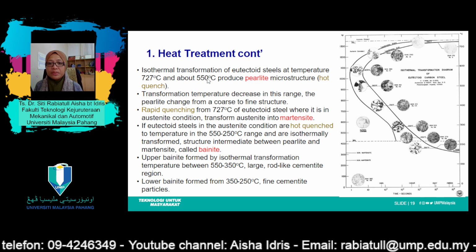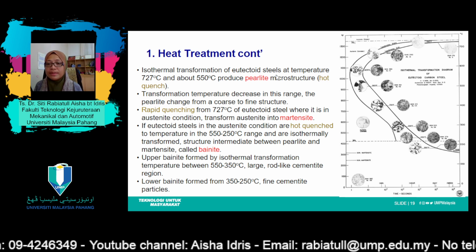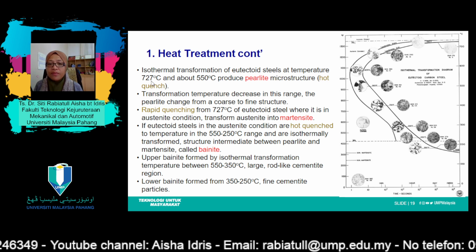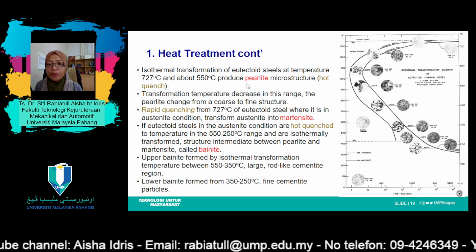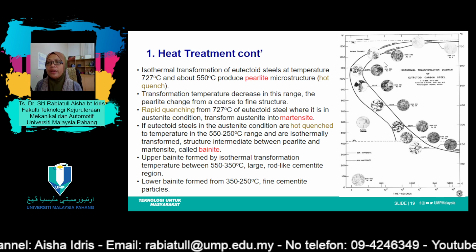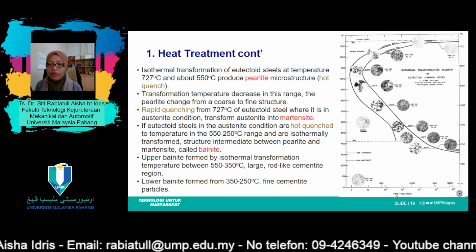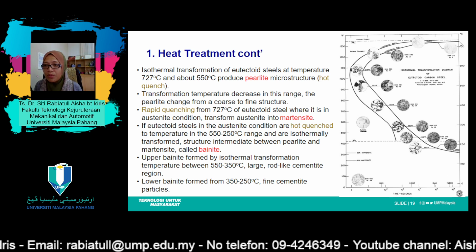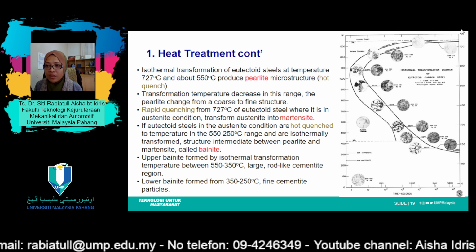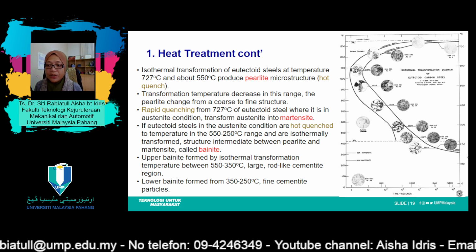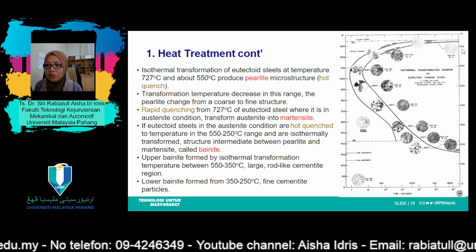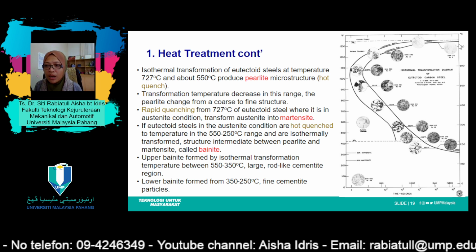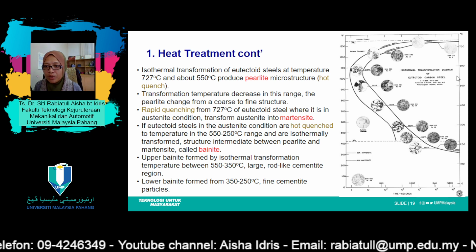Okay, so isothermal transformation of eutectoid steels at temperatures between 727 and about 550 produces a pearlite microstructure. If you refer to this graph over here, 727 is somewhere here, in degrees Celsius, and this one is for Fahrenheit. So 727 somewhere there until 550 around here.